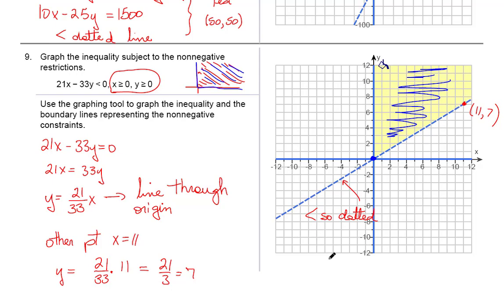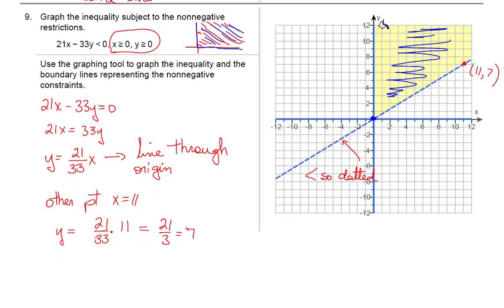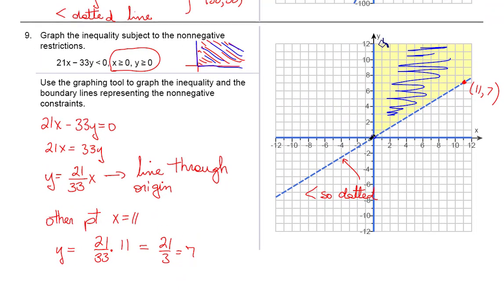And so now I'm going to pick a test point. I need to pick something that lives in there. Let's see what looks like it lives in there. 2, 4 seems to be in there. Let's see if 2, 4 works. 21 times 2 minus 33 times the y, which is 4.